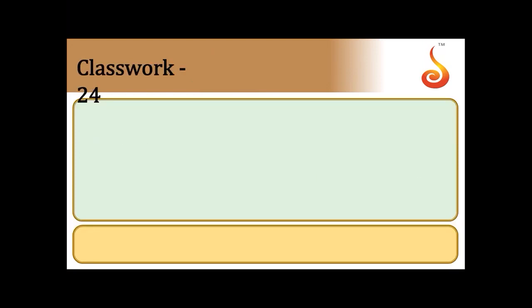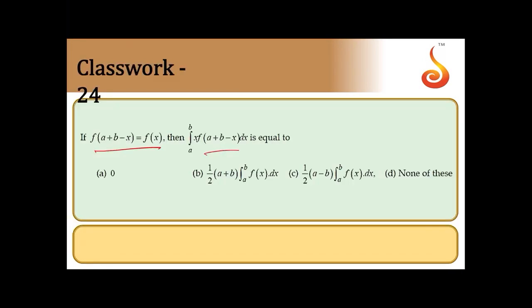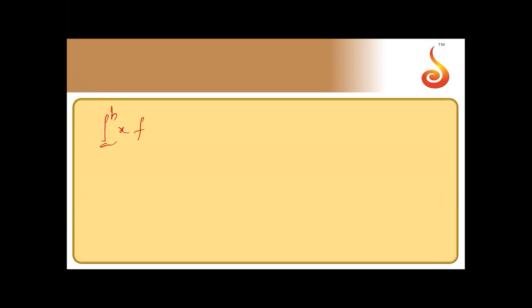Coming to the next one, 24th. If f of a plus b minus x is f of x, how much is this value? Of course, integral a to b x multiplied by f of x dx, since f of a plus b minus x is the same as f of x. Applying the formula, integration a to b, x replaced by a plus b minus x multiplied by f of a plus b minus x, which is the same as f of x.